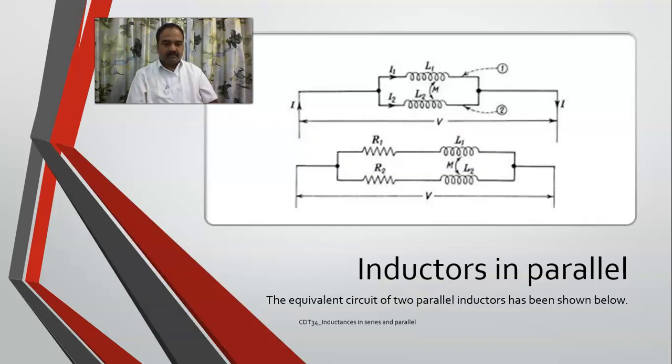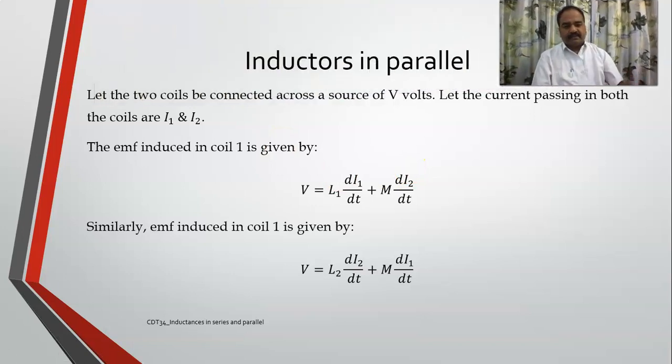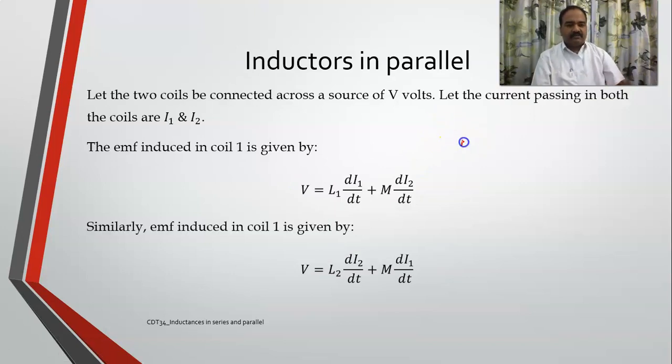Okay. Now let's see if the coils are connected in parallel. This is the case when coils are connected in parallel. This is a figure replica of that one when they do have internal resistances. Now I'll consider the easiest one. In this case, the voltage across these two is the same, but the currents vary. So I'll take the net current I equal to I1 plus I2.